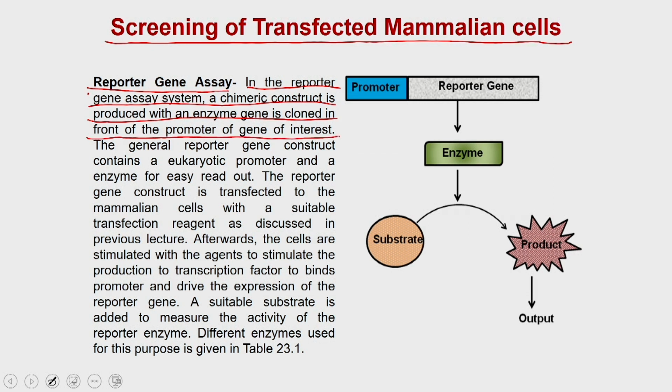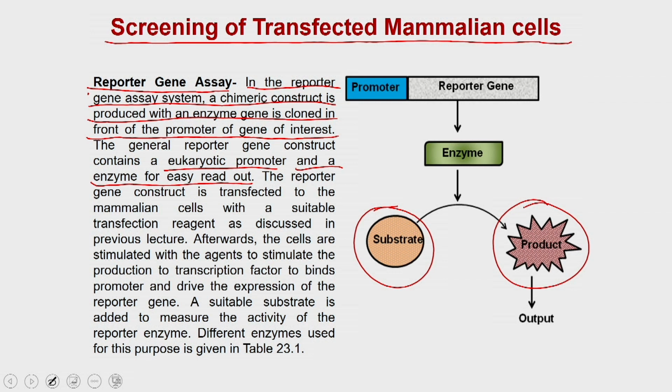So, the reporter construct contains a eukaryotic promoter, so that you will be able to produce that gene utilizing the cellular machinery of the mammalian cells, and an enzyme which is going to give you a readout, which means this enzyme is going to process a substrate to a product.